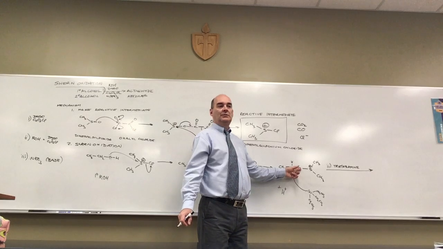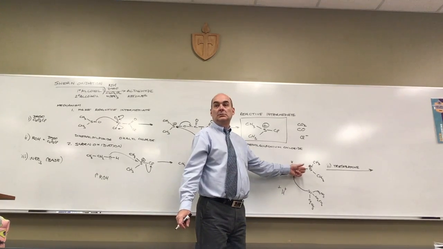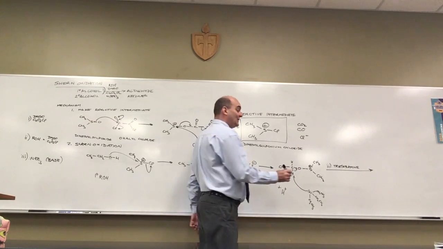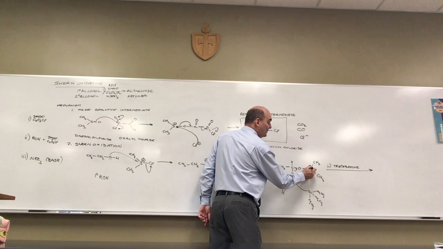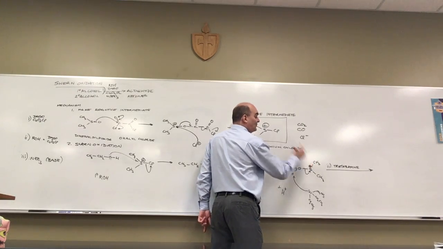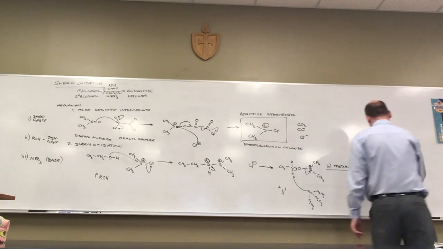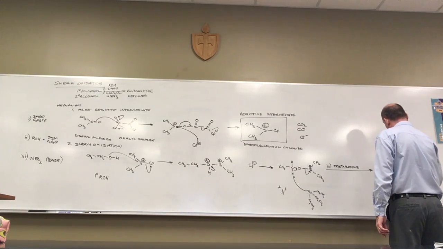Well, that oxygen already had 2 bonds. If you make a new bond to it, it has to give something up. And it gives its electrons back to the sulfur as a lone pair of electrons. And that gets rid of the positive charge. So I just made an aldehyde.